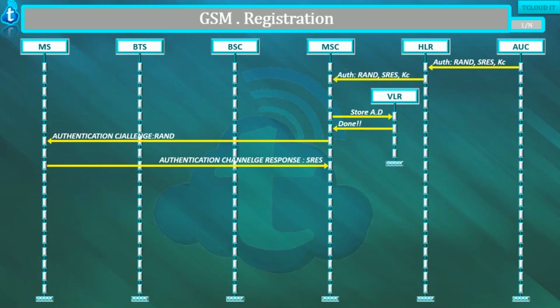Now, somebody asked me, what is the use of this random number? Why do we have this random number? We can also develop an algorithm which can generate SRES with just one parameter, that is Ki, without the random number. But the problem is, if we ask the mobile to generate the SRES with only one parameter Ki, mobile will generate it and send it to MSC the first time.